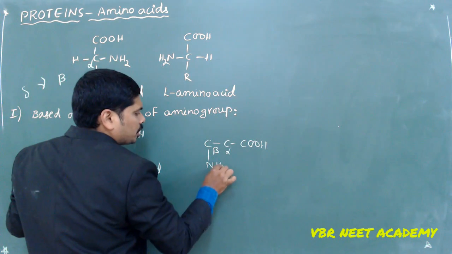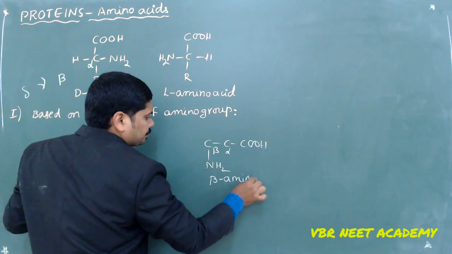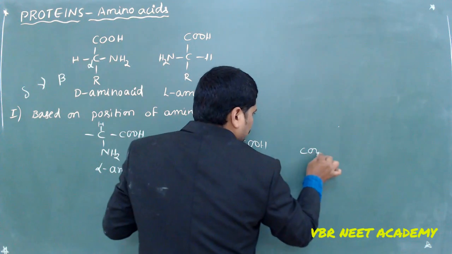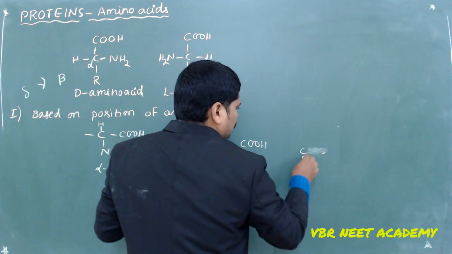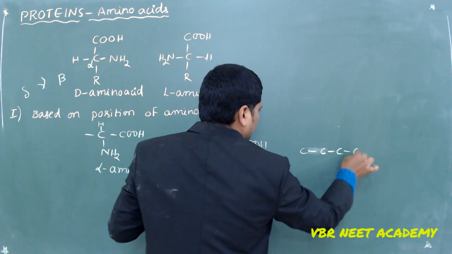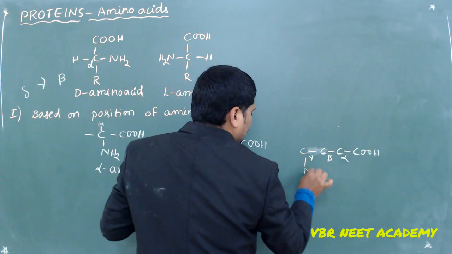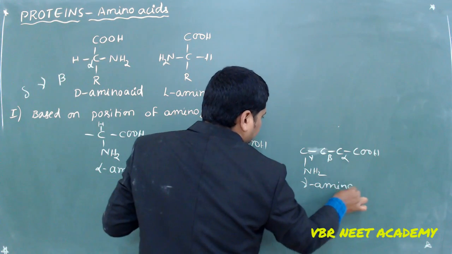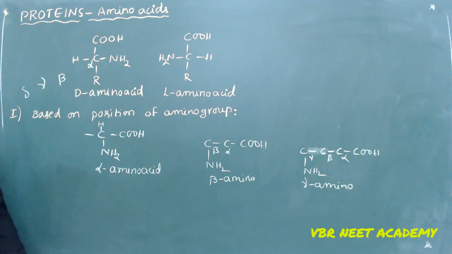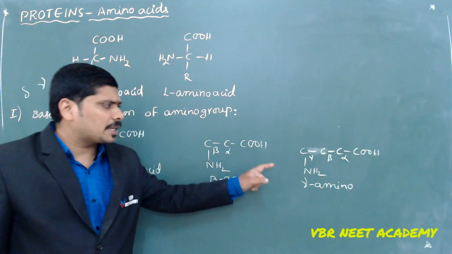Here if NH2 is present, this is called as beta amino acid. This is alpha, this is beta, this is gamma. This is called gamma amino acid. So like this, we can have the classification based on where the amino group is present, that is at alpha position or beta position or gamma position.